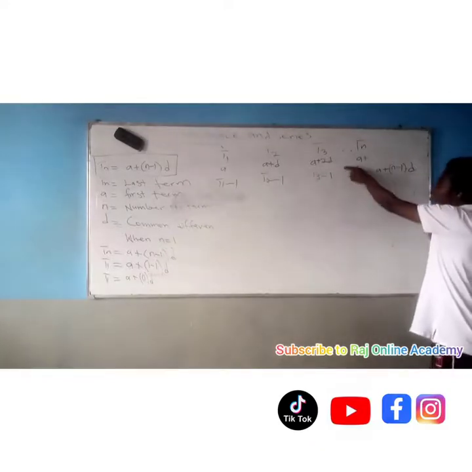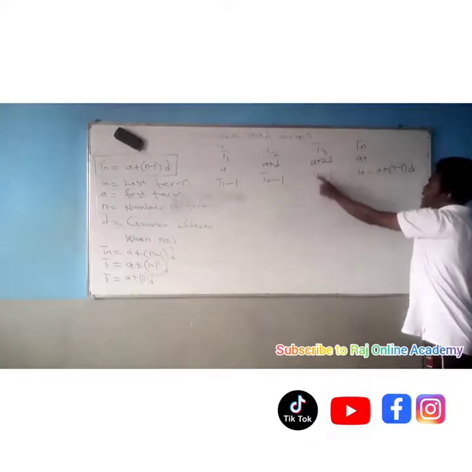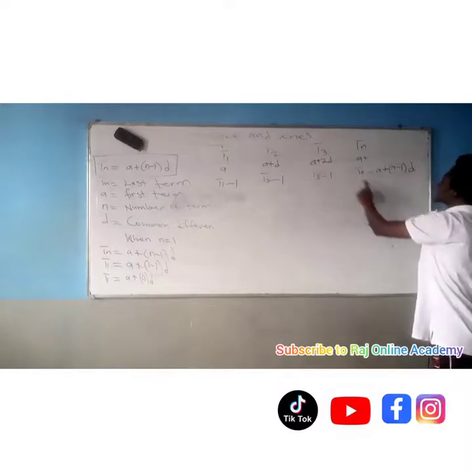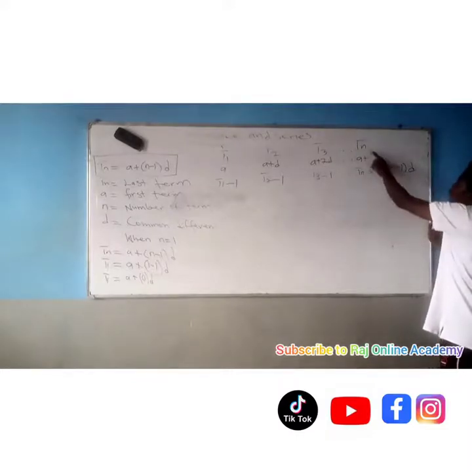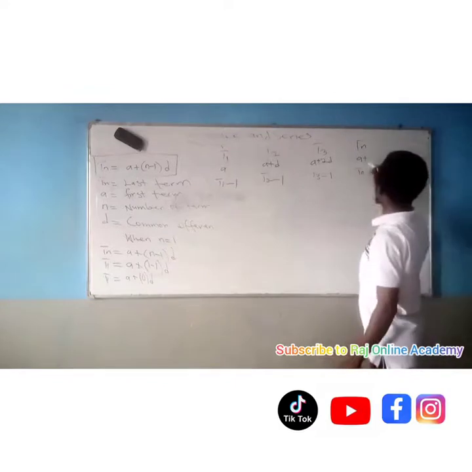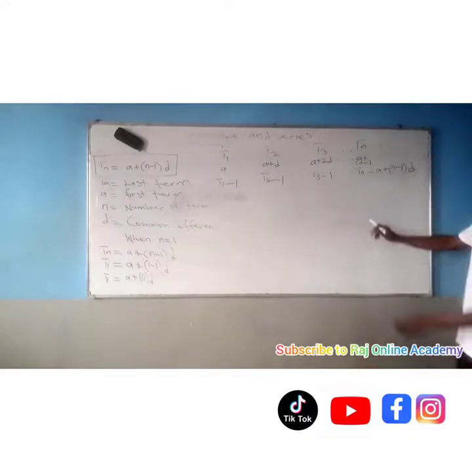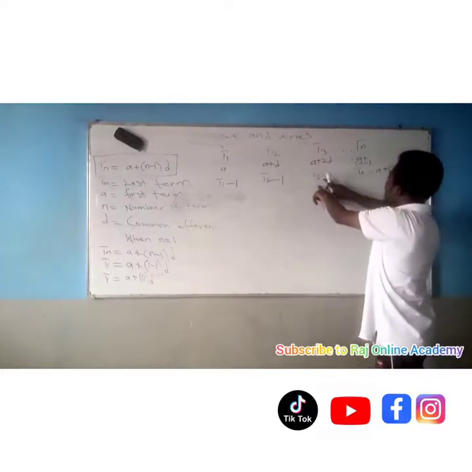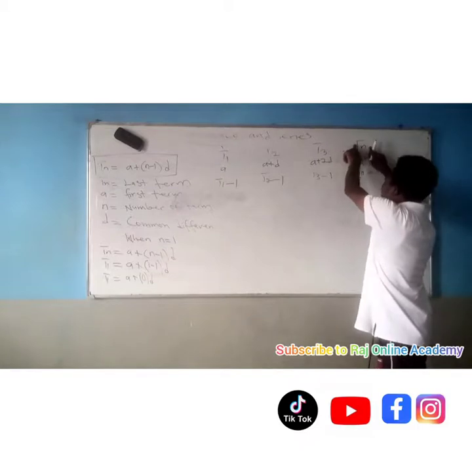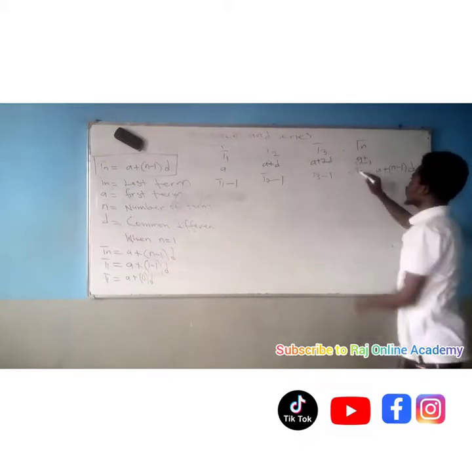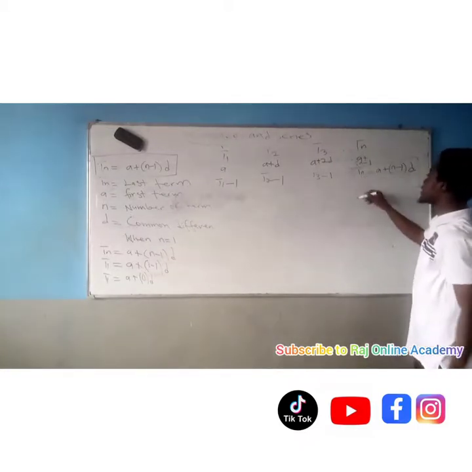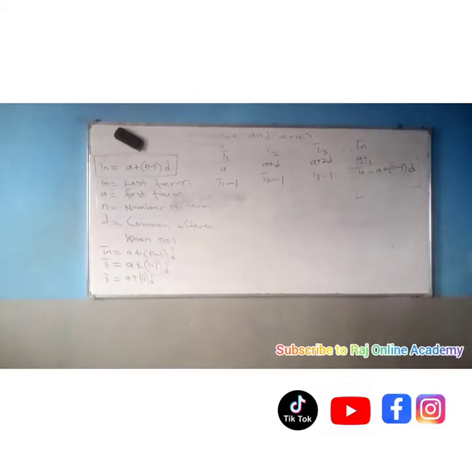Because for this term, which is 3, 3 minus 1 we have 2. So here also n minus 1, we are going to have this value. It's just the same as Tn, which is the term, minus 1, because T3 is the term minus 1. So this is how we obtain this formula that we solve problems on.